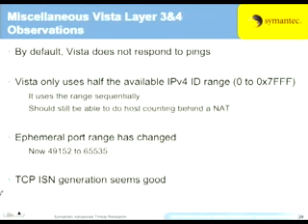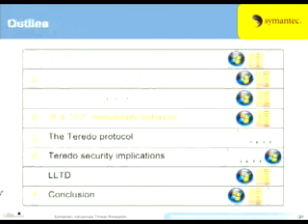I think I did one too many Fs there. And it does use the range sequentially, so it still should be possible to do host counting behind a NAT. And the ephemeral port range has changed. The default is 49152 to 65535, which is different from XP. You can change that manually in netsh.